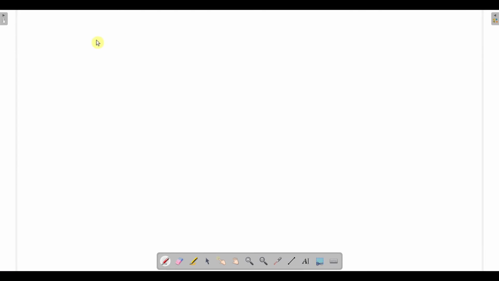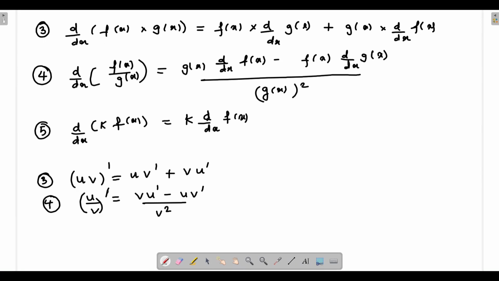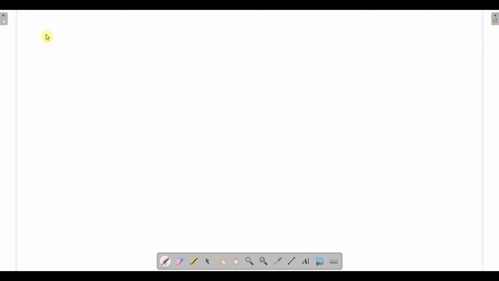Now that was the algebra of derivatives. Now let us go further. Here we have to look at a formula which is very important. The derivative of x raised to n, and this formula you will be able to remember as you do the problems, is equal to n times x raised to n minus 1.